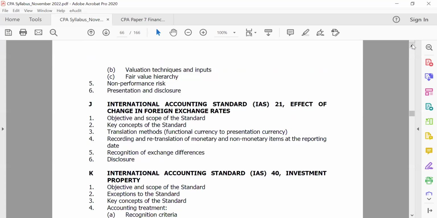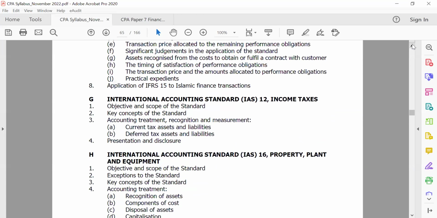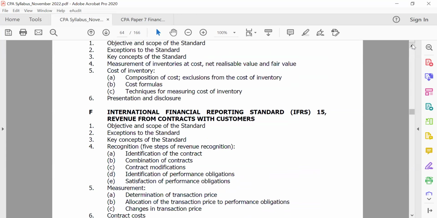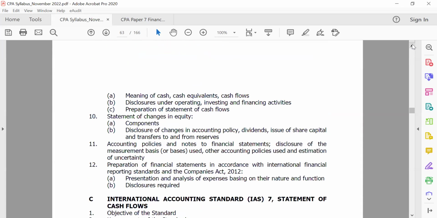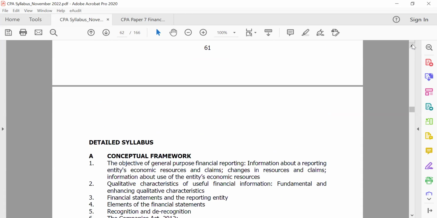So 25 topics and counting means that you need to jump onto this paper with a lot of seriousness. Why? Because these are quite a number of standards, and sometimes the examiner brings a question that combines different standards, because when you're preparing financial statements, you do not just choose a single standard.